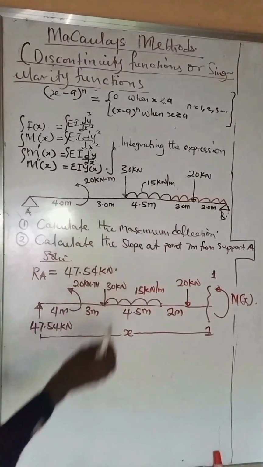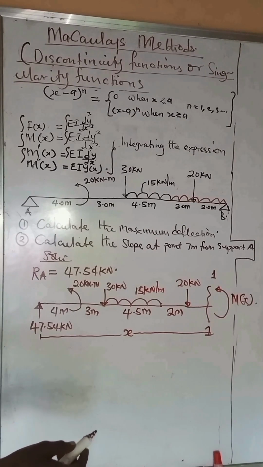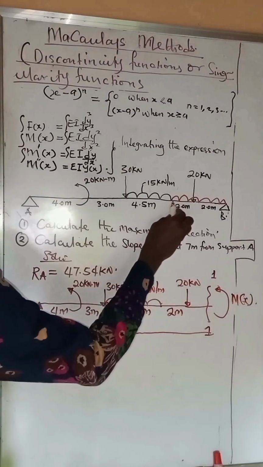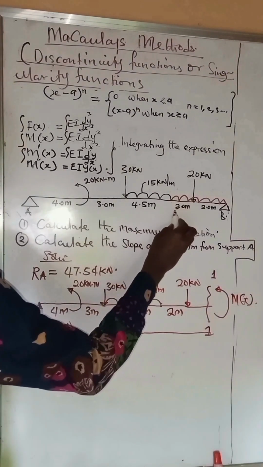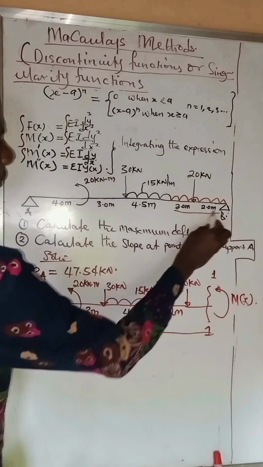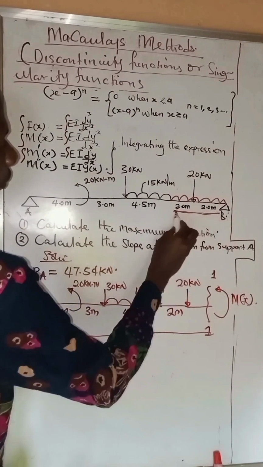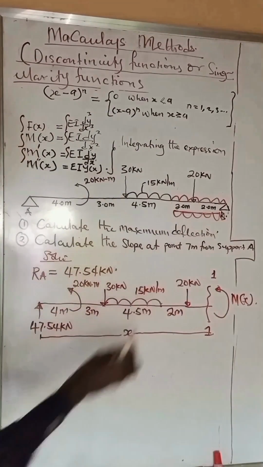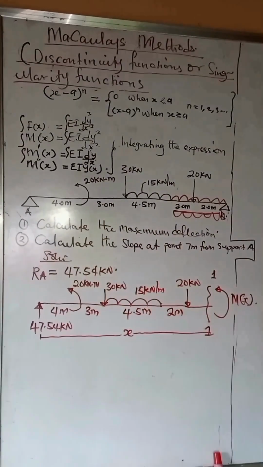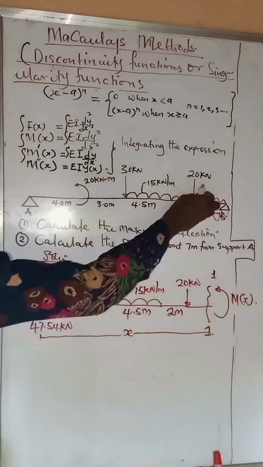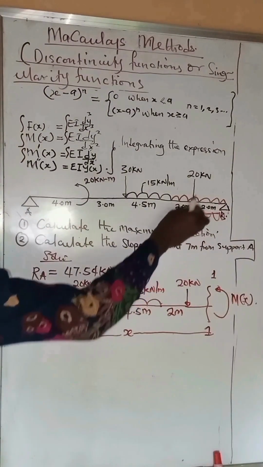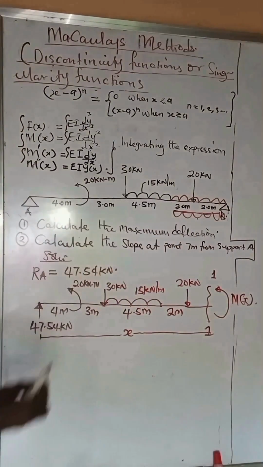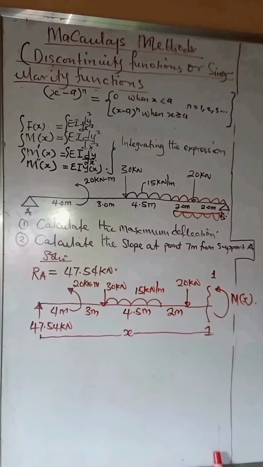Now, for us to balance this so that it becomes the original beam, we're going to apply another UDL below it, so that by the time the forces acting upward meet this one, they cancel each other and go back to the original beam load configuration. So that is the idea we are going to use.